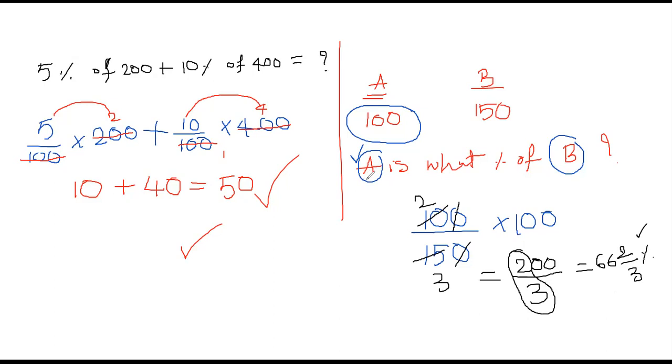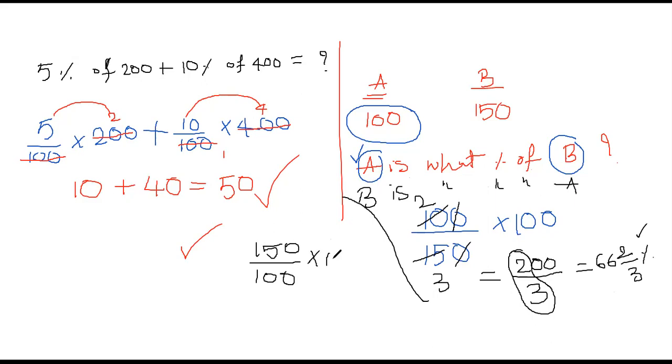Here, what is the question? A is what percentage of B? Instead of this, if they ask B is what percentage of A, then first write the B value, that is 150 by 100 into 100.